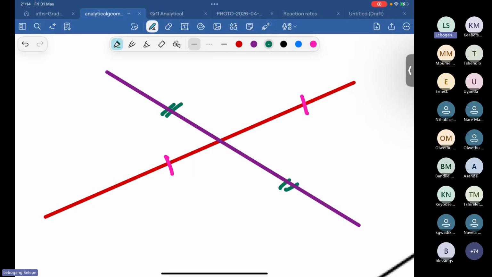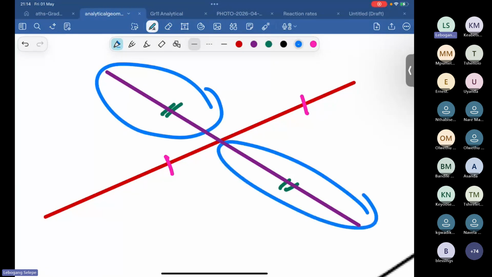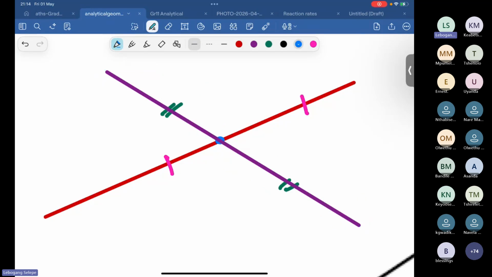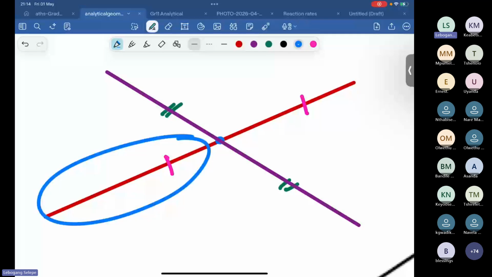First things first, let's look at this. If this part is equal to this part, what is this point for the purple line? I'm going to repeat my question. Perfect. That's the midpoint, right? If this point right here is cutting the 2 parts into halves, this should be the midpoint. But can you see that for the other line, this part is also equal to that other part?